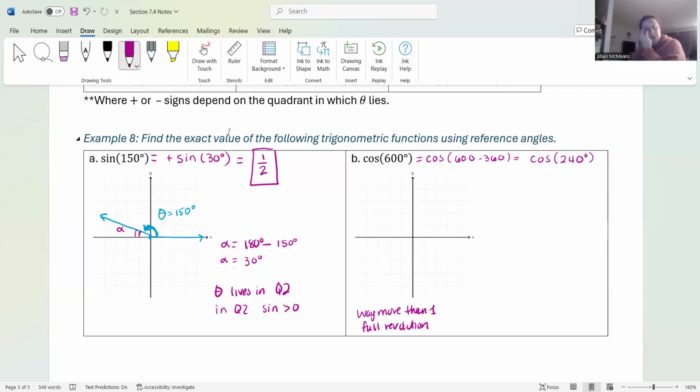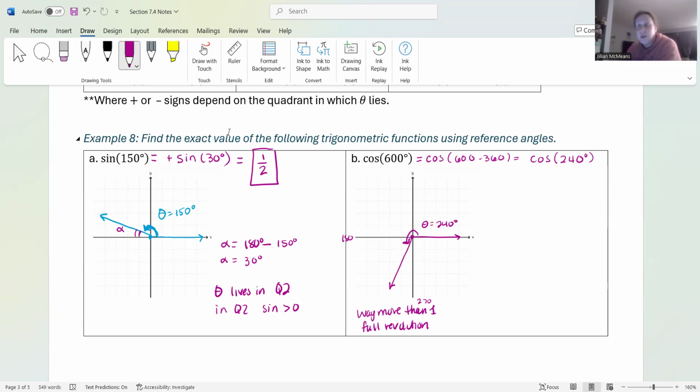So 240 degrees is more than 180, but less than 270. So we know 180 is right here. We know 270 is down here. So we're going to be 30 degrees less than 270 and 60 degrees more than 180. If we were to draw this angle, it would look like this. So this is theta, which is 240 degrees.